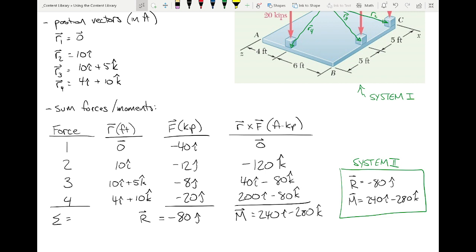I have now simplified that into two vectors, a force and a moment. Now we're not done yet, but that's sort of the idea on the problem so far. Any questions?